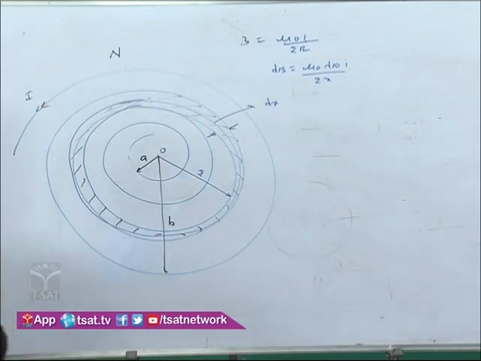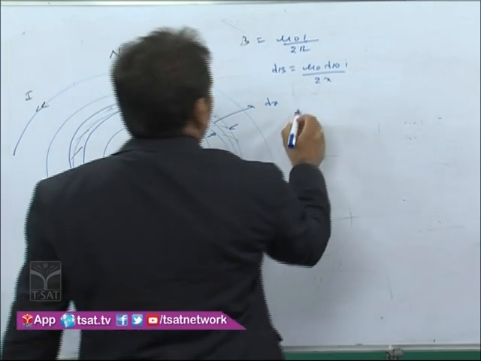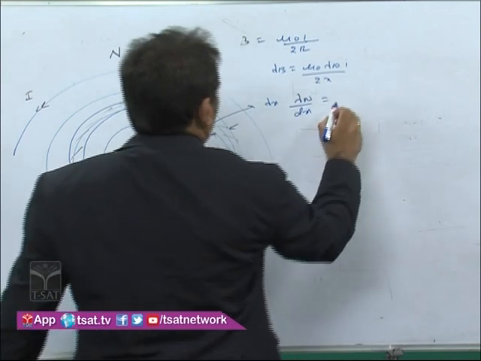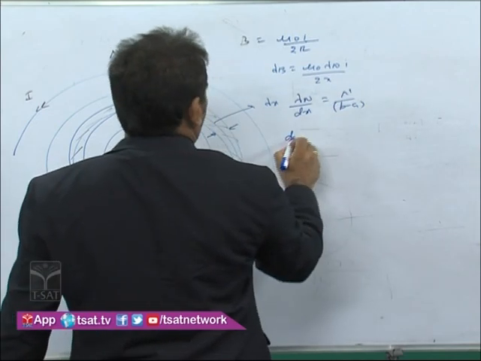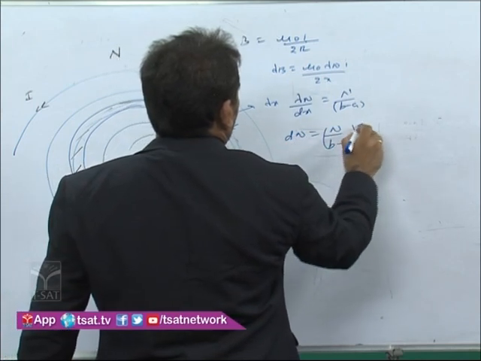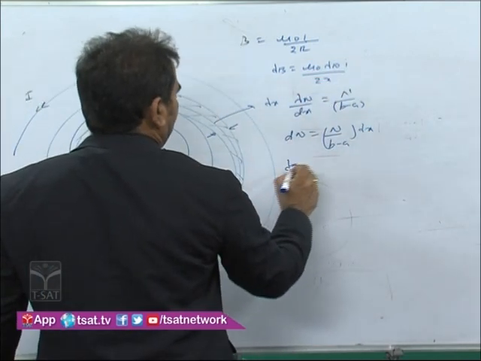The radial turns is given by dn by dx equal to n upon b minus a. Therefore, dn is equal to n upon b minus a into dx. Substituting this value in the above equation, we get the magnetic field induction.